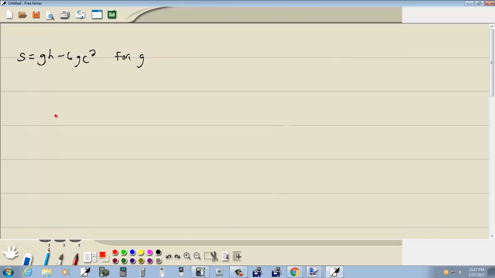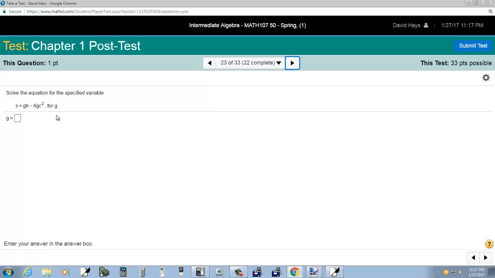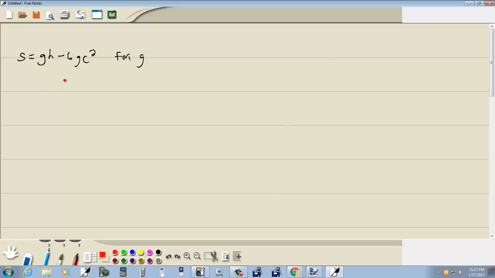Actually, let me check to make sure I wrote it down correctly. Okay, step 1, get rid of parentheses. Don't have any. Step 2, get rid of fractions. Don't have any. Step 3, get everything with the variable we're solving for on one side, everything else on the other side. We're solving for G, and everything with G is over here, and everything without a G is over here. So that's done.